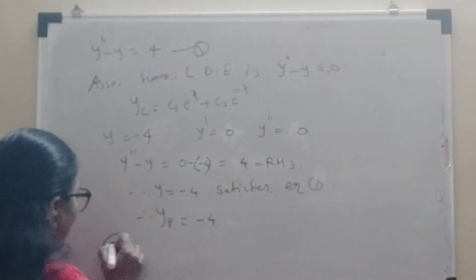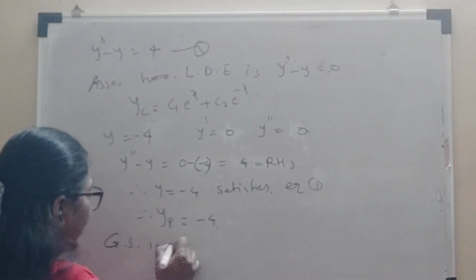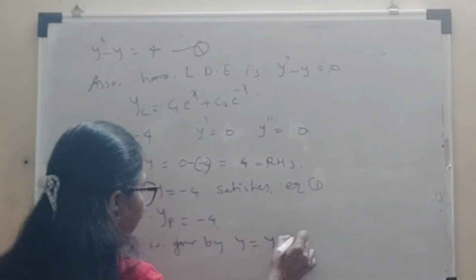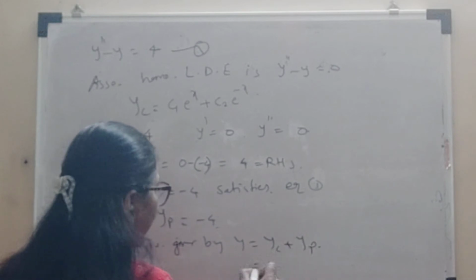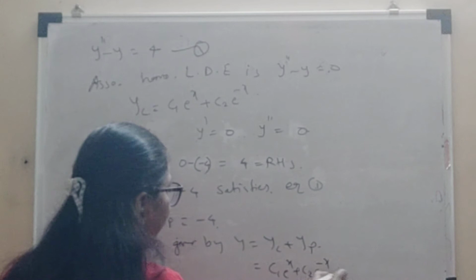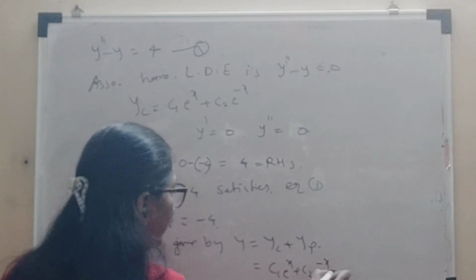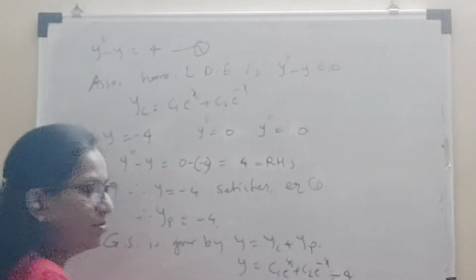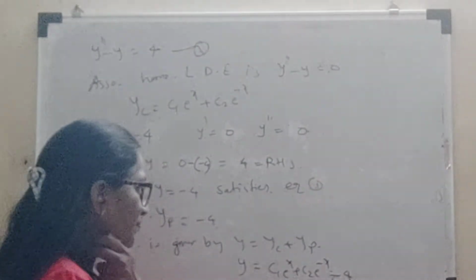So the general solution is given by y is equal to yc plus yp. That is nothing but c1 e raised to x plus c2 e raised to minus x plus yp, which is minus 4. So this is the general solution. Okay.